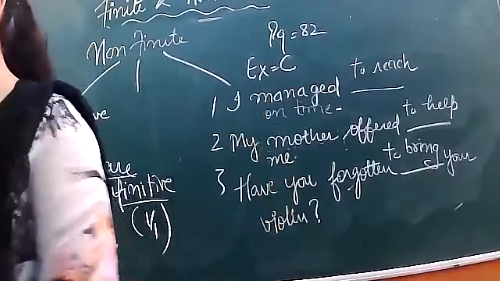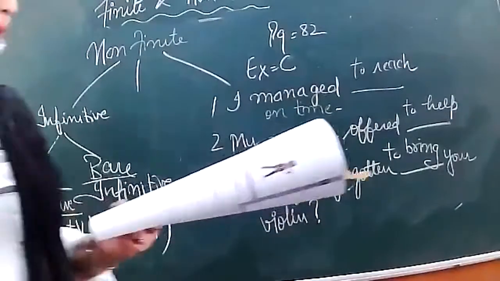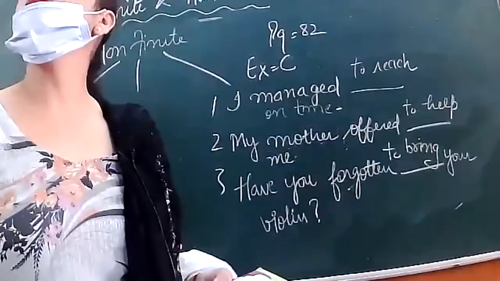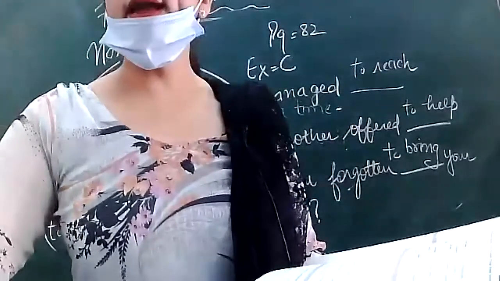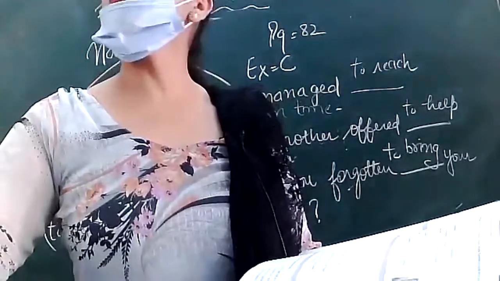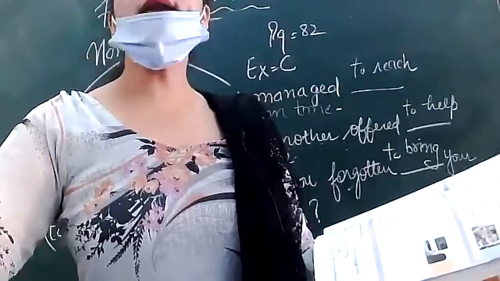Tell me next, fourth. Asha asked Priya dash the salt. To pass the salt. Would you like dash? Would you like to dance? Would you like to sing? She taught me dash.